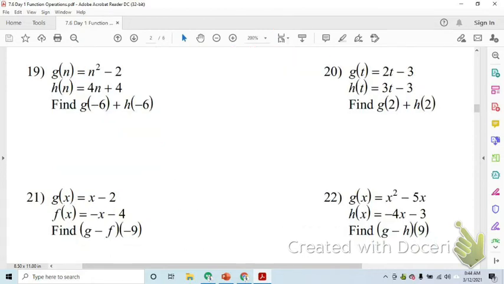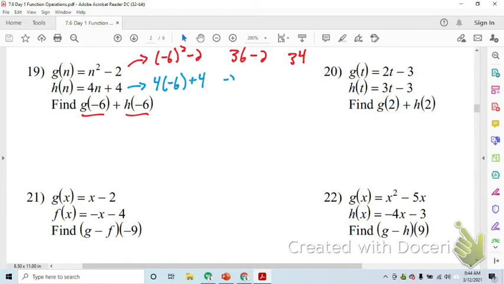Now this one shows exactly what I was talking about before, where when you're adding, you just take these two and add them. You just have to plug in negative 6 first. So I'll do it that way. So we have negative 6 squared minus 2. So it's 36 minus 2, which is 34. Boom, baby. Then here I have 4 times negative 6 plus 4.